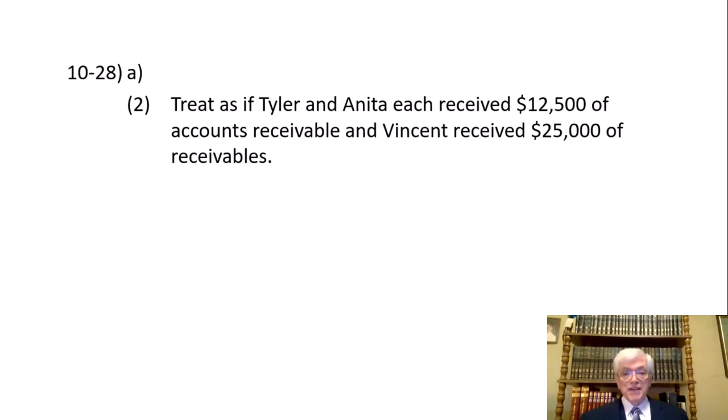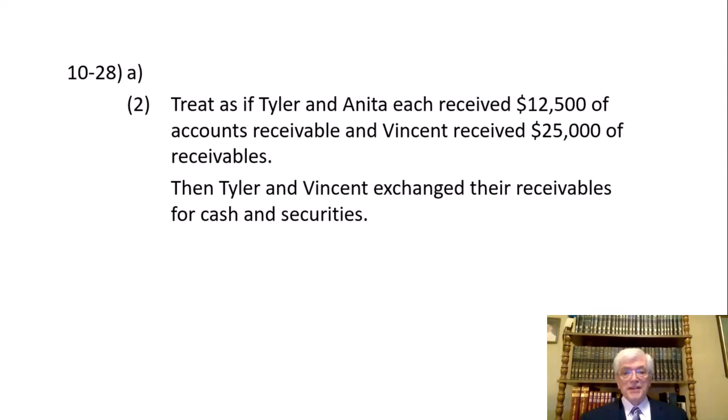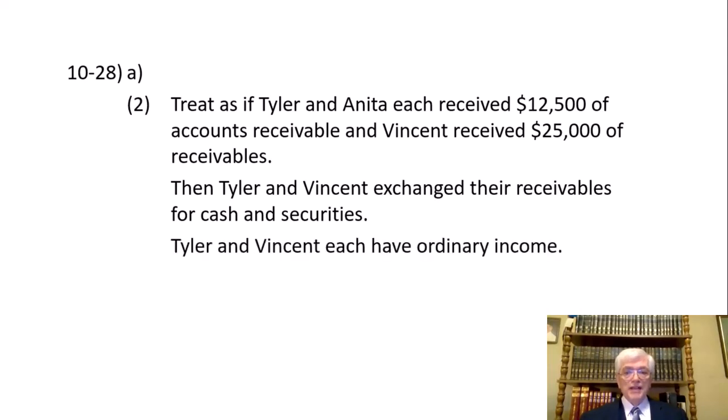And then Vincent received $25,000 of receivables. Then Tyler and Vincent exchanged their receivables for cash and securities. So we know the value of the cash and the securities. It's going to be the value of the receivables. So Tyler and Vincent each have ordinary income equal to, in Vincent's case, $25,000, and in Tyler's case, $12,500.